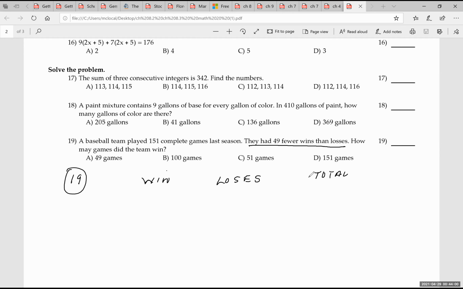So total games played. So they're saying there are 49 fewer wins than losses. If the losses were x, we do not know how many losses. The wins are going to be x minus 49. They had 49 fewer wins than losses.